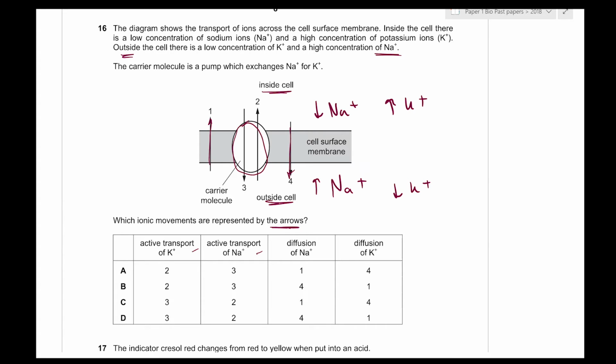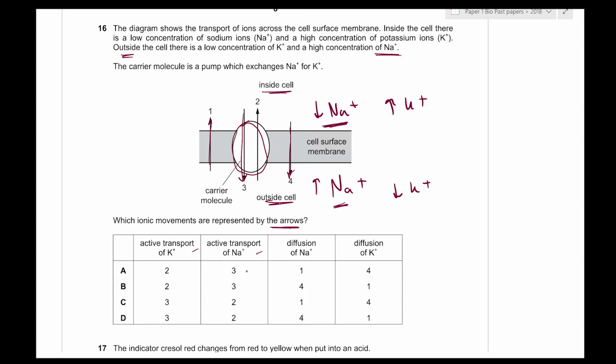Now, here we could see that inside the cell, there's a lower concentration of sodium and a higher concentration of sodium outside. And we all know that the definition of active transport is the movement of ions against the concentration gradient. Therefore, sodium must have moved by active transport across at 3.